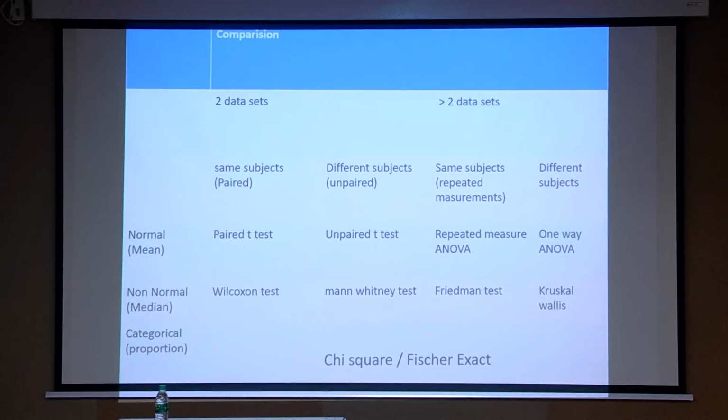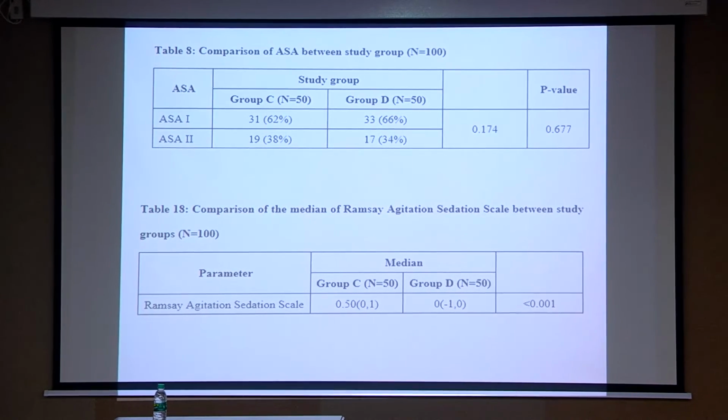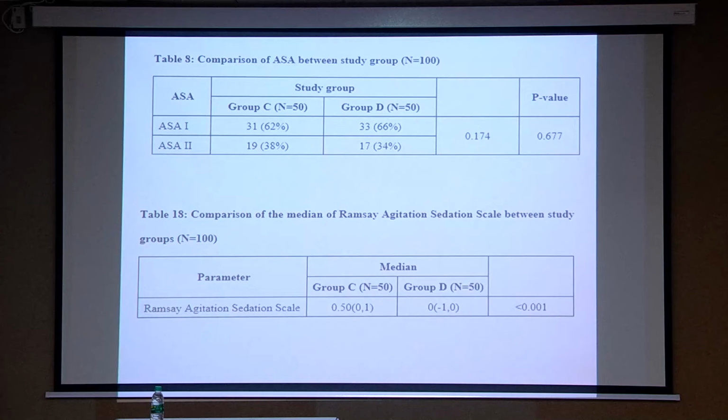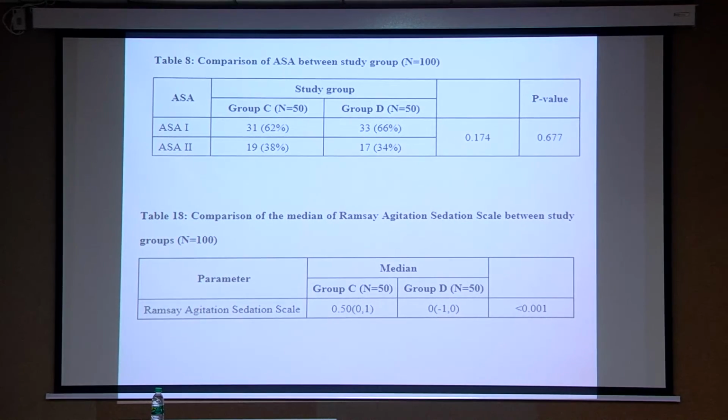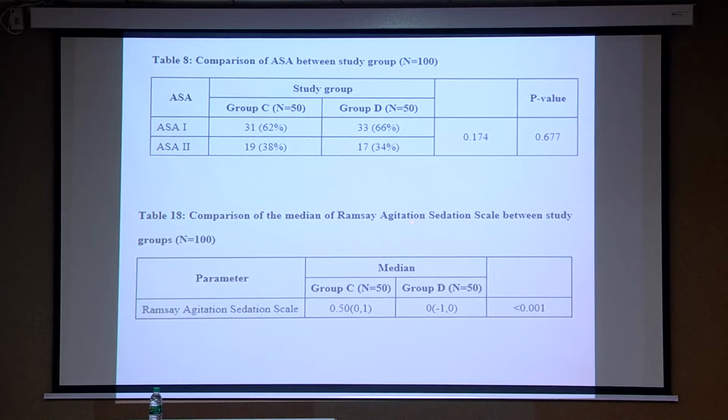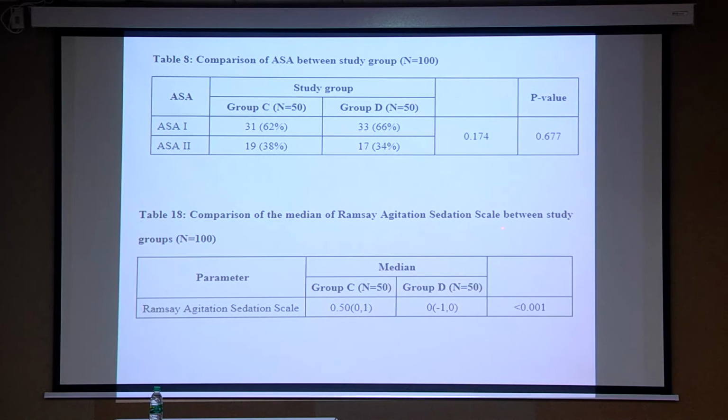Say, for example, for the second table, there was a comparison of the Richmond Agitation Sedation Scale. This is again a scale, with a range of -4 to +5. A scale, as I told, does not follow the normal distribution curve, so it is summarized as median.